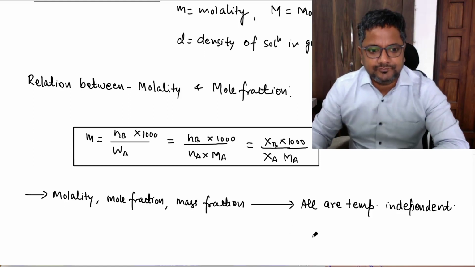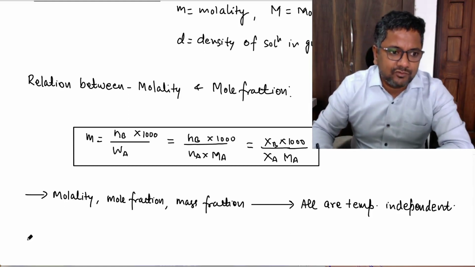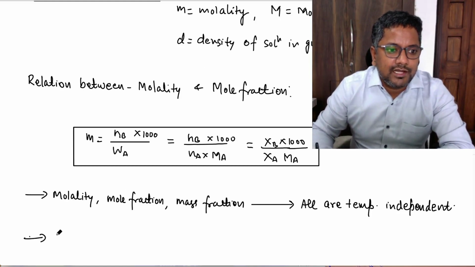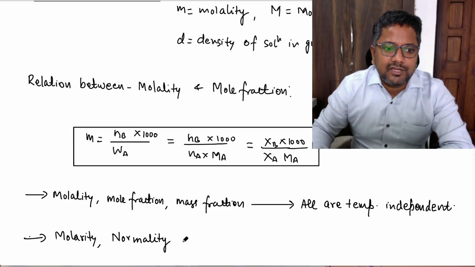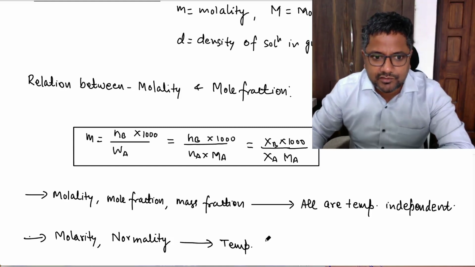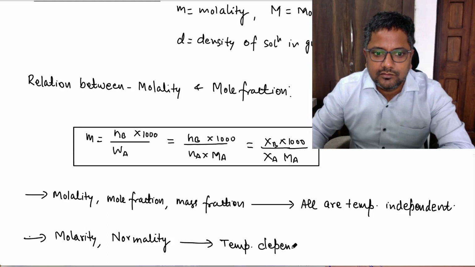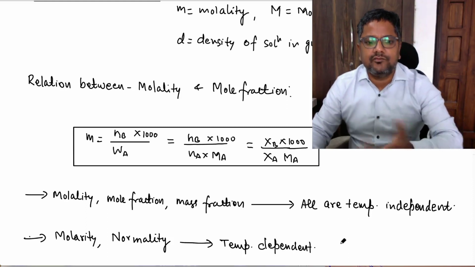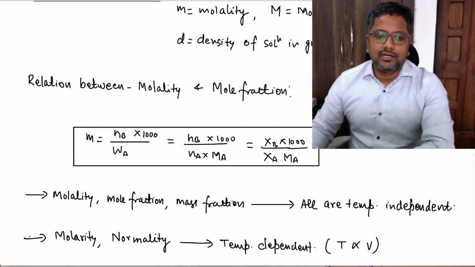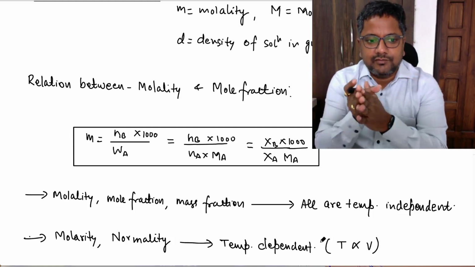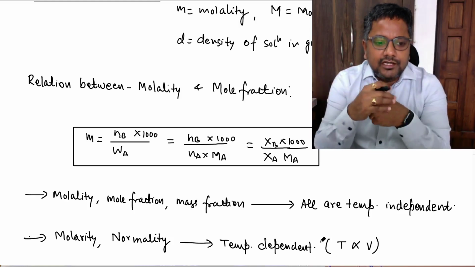But remember one thing, molarity and normality are temperature dependent, because they have volume, and you know T is directly proportional to V. So on changing temperature, volume will increase, and accordingly normality and molarity will decrease.